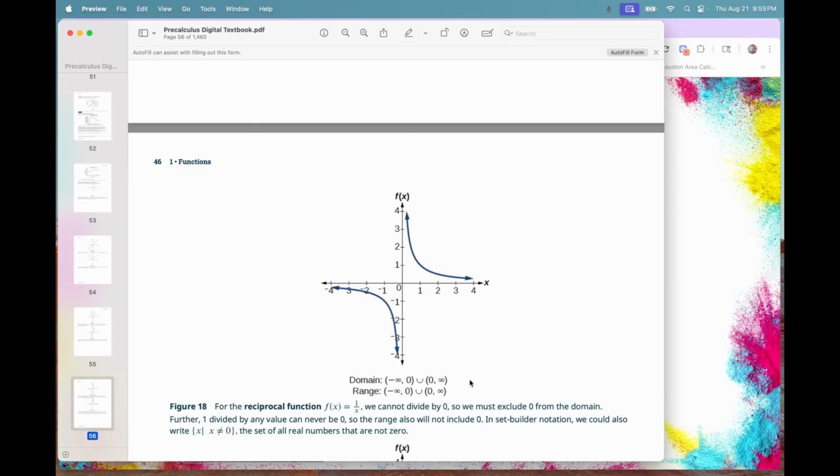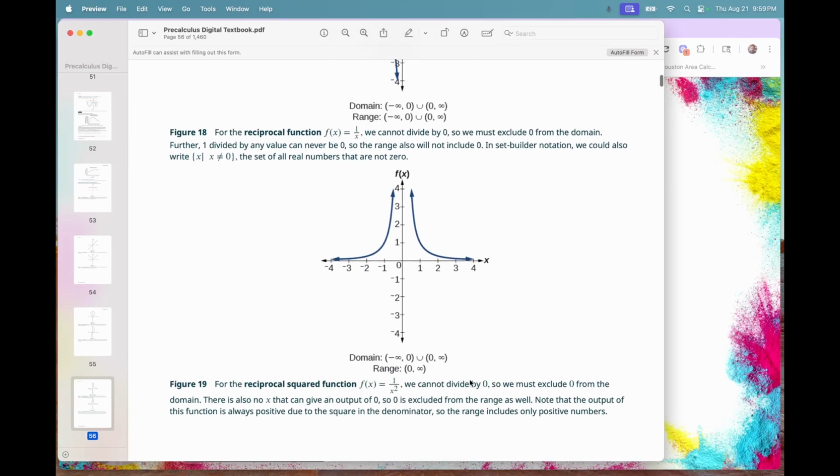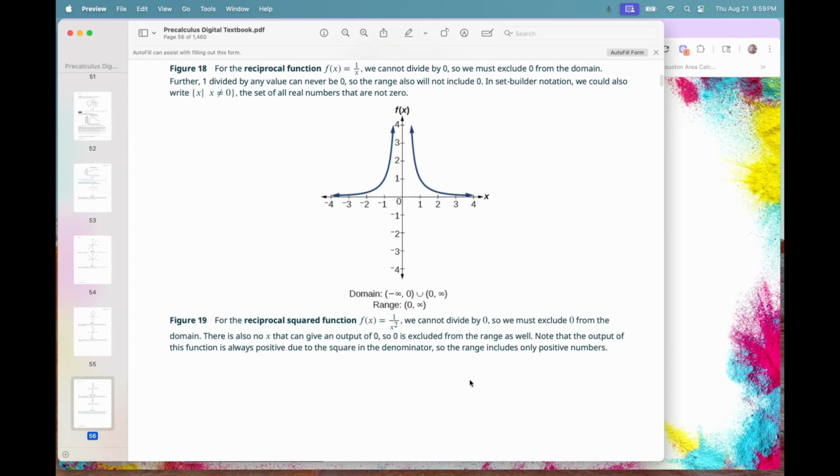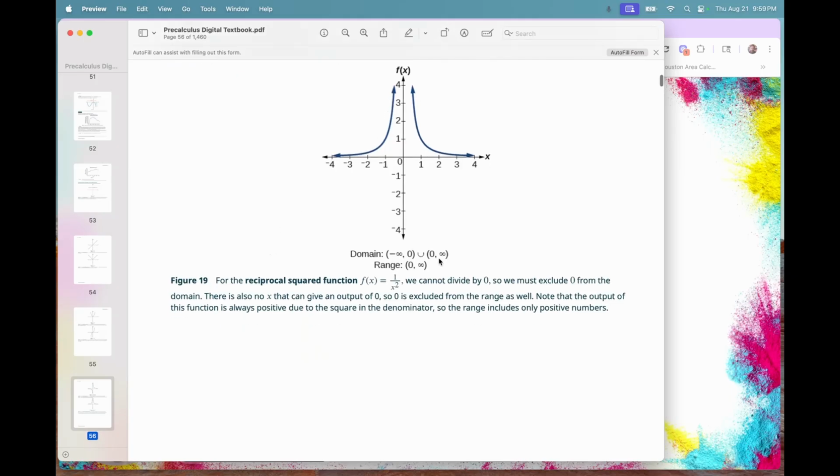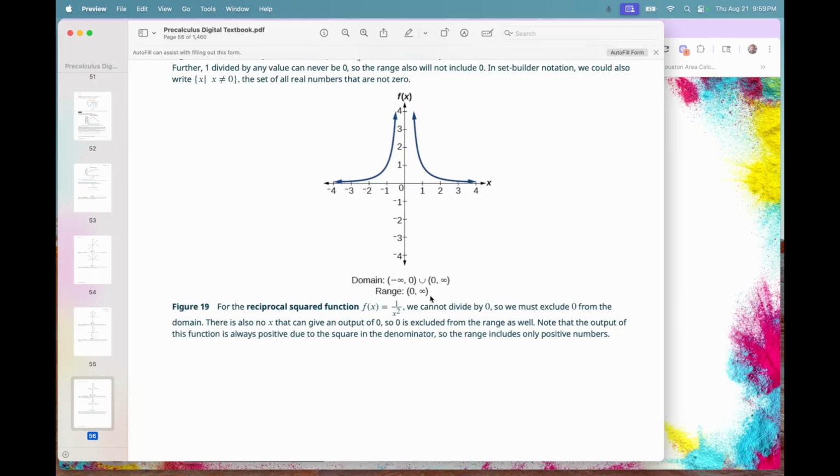So some of our set notation here. So we don't touch 0 either for x or for y. The reciprocal squared function, well, it takes that negative part in the third quadrant and puts it positive in the second quadrant here. And so you'll see the range is slightly different, though the domain is the same.